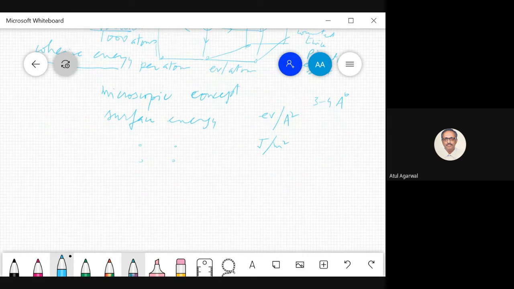So what do you mean by a macroscopic concept? It deals with the molecules at the molecular level.